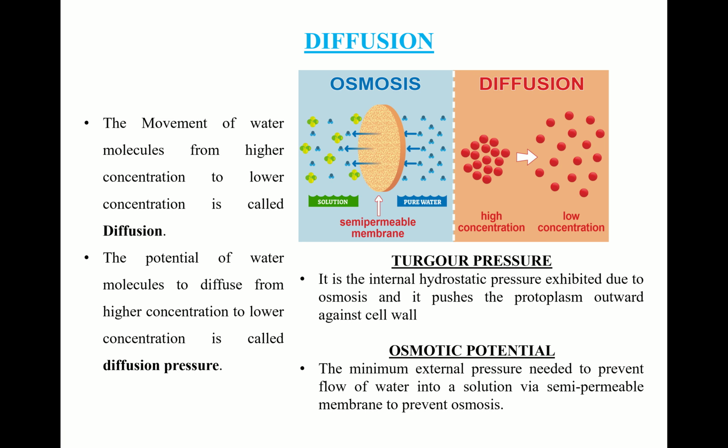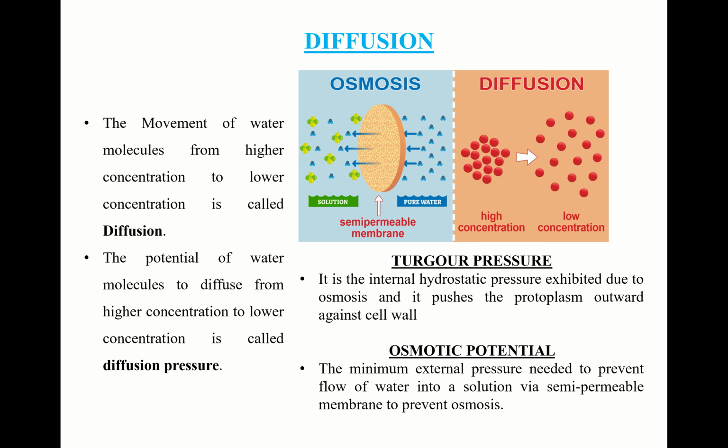So what is diffusion? Diffusion is the movement of any substance from higher concentration to lower concentration. What about osmosis? It is the movement of water molecules from a higher concentration to a lower concentration. If you want to define it in terms of solute, a solute can be any substance, for example sugar.